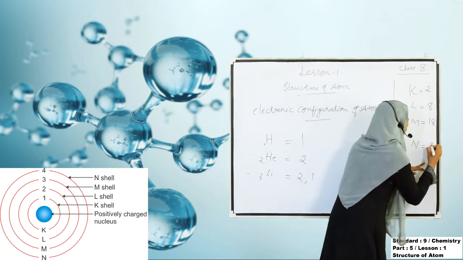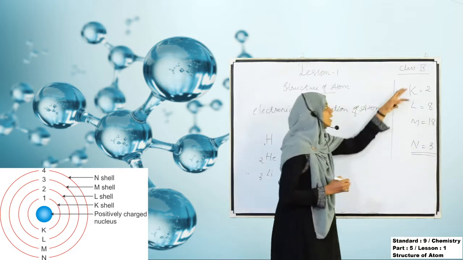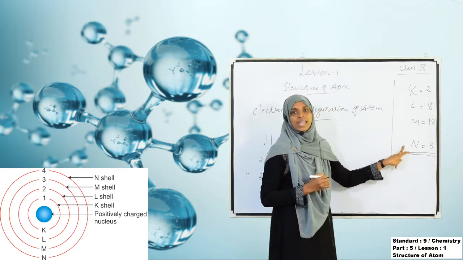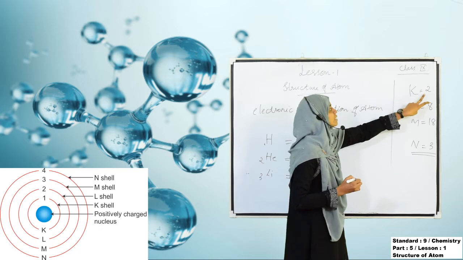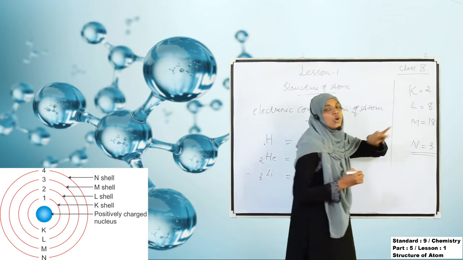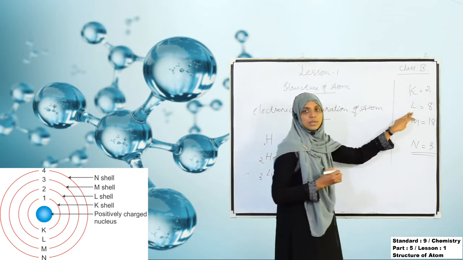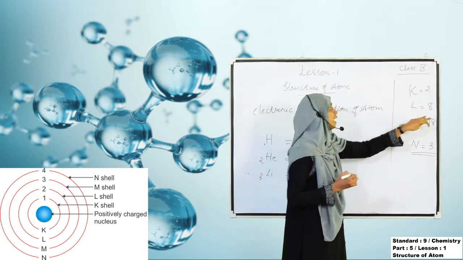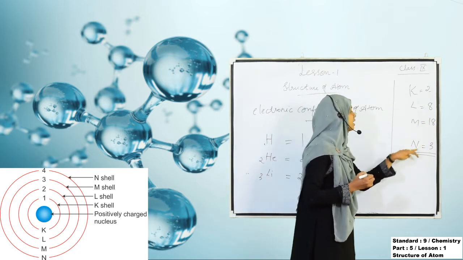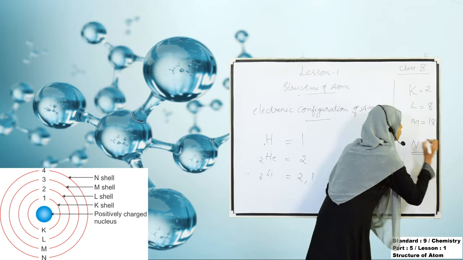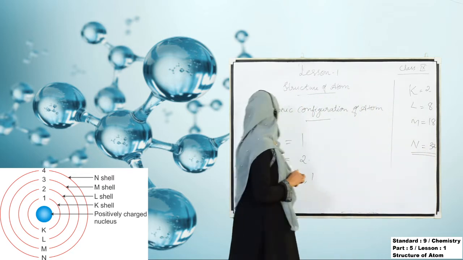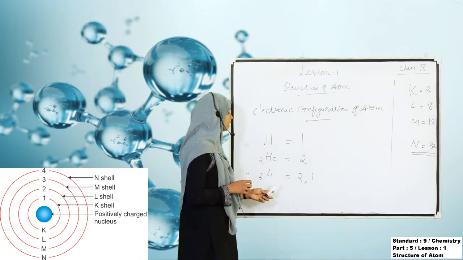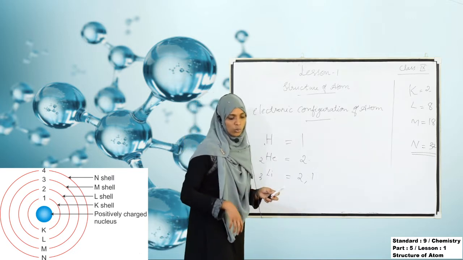So these are the 4 shells present in the atom: K, L, M, N. So the electronic configuration of lithium is 2, 1.